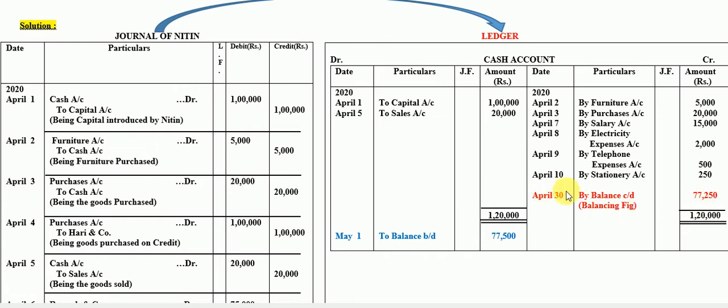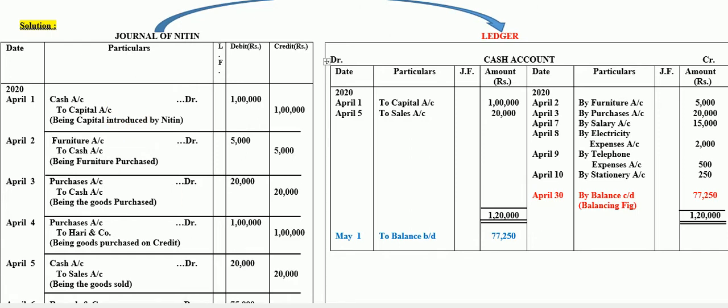And we'll write this balance at the end of the month, and this balance will always transfer to the opposite side, and we'll write on 1st May, to balance brought down 77,500. Sorry, here we will write 77,250. That means this balance will transfer to the opening of the month, and we will write to balance brought down 77,250. Like that, we'll prepare all the accounts of all the items.